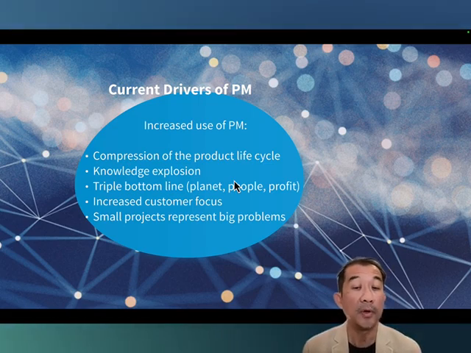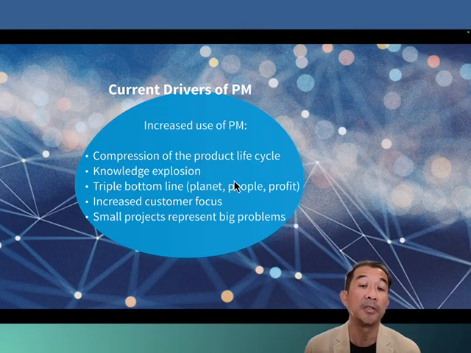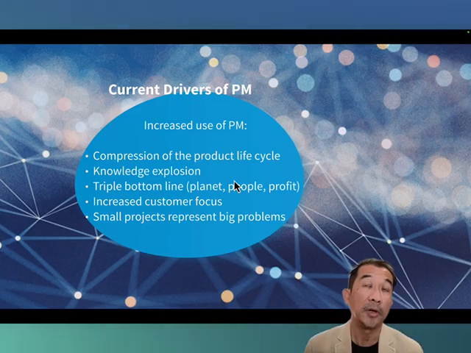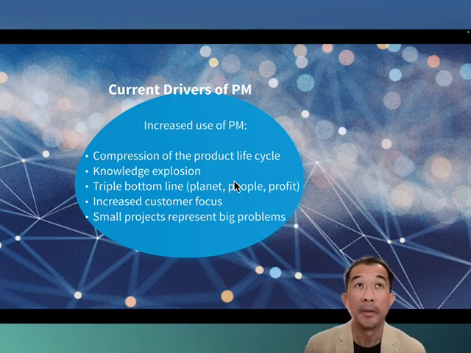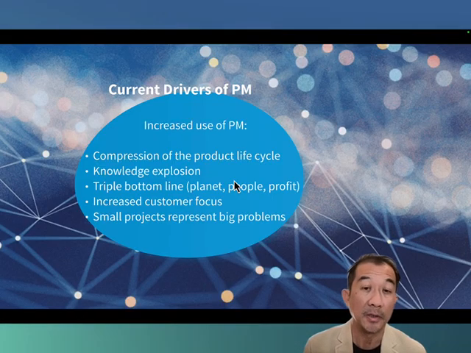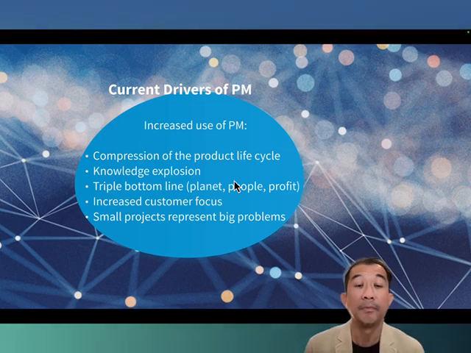There's also this focus towards sustainability, environmental responsibility, to be more responsible socially. So the triple bottom line is also a part of what companies need to focus on when they conduct projects or implement new products through the project management life cycle.